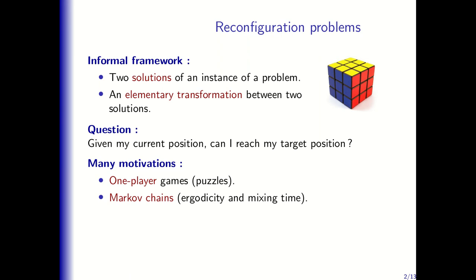This consists in the ergodicity of the Markov chain, is it possible to reach any solution, and the mixing time, which is how much time do I need to wait until I know that my solution is almost random. And this is really heavily related with reconfiguration, because, for instance, ergodicity just consists in determining if it is possible to transform any solution into any other.